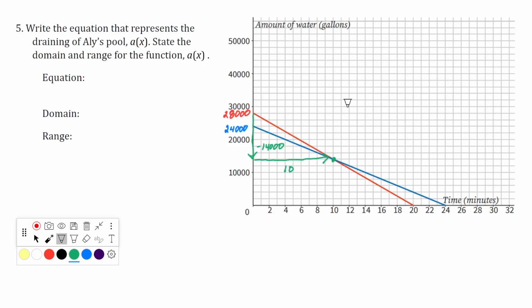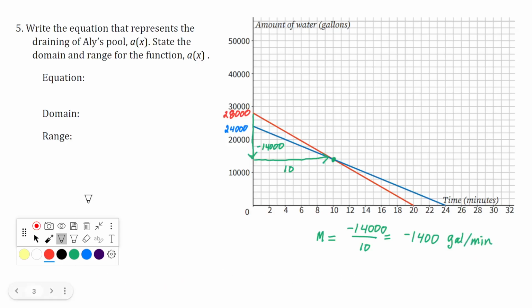So the slope is going to be negative 14,000 divided by 10, which is, forgot a 0 on my 14,000, negative 1,400, or 1,400 gallons per minute.